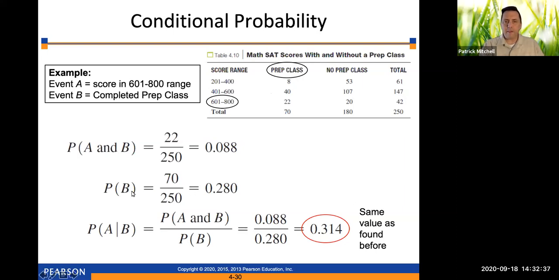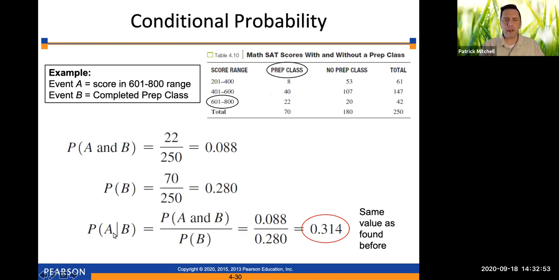The probability of B, that a randomly selected student completed the prep class: there are 70 students that completed the prep class over 250 total, which is 0.28.